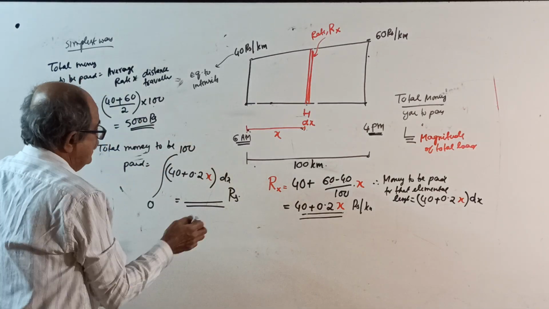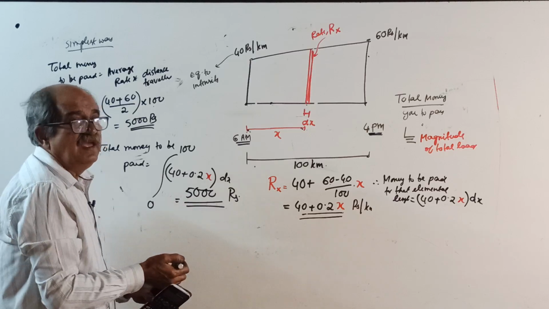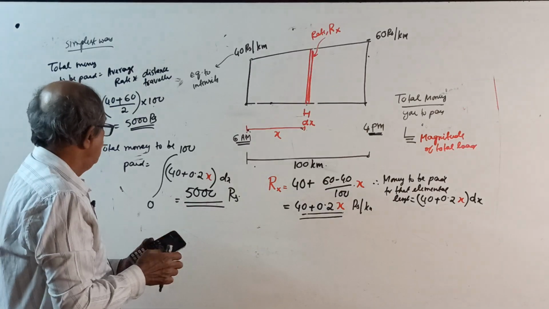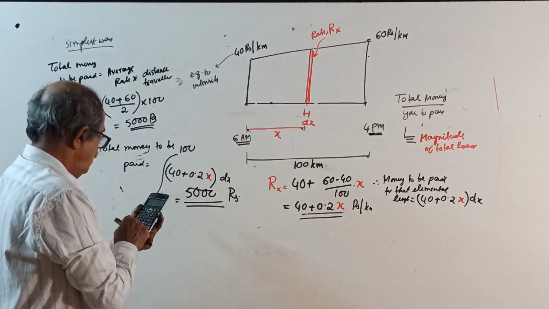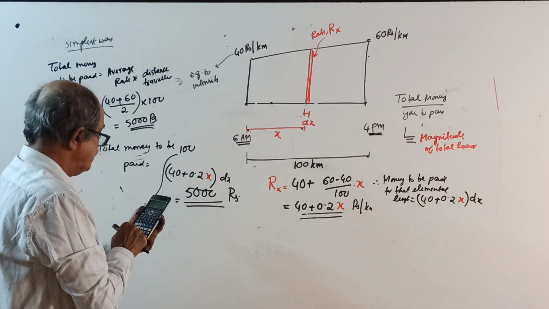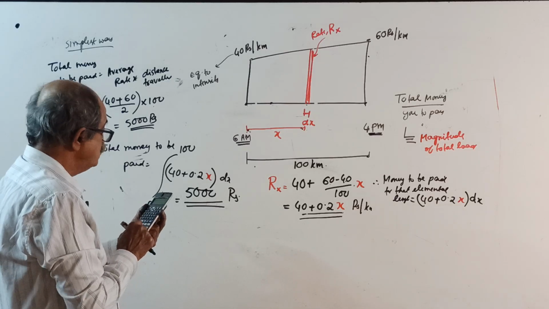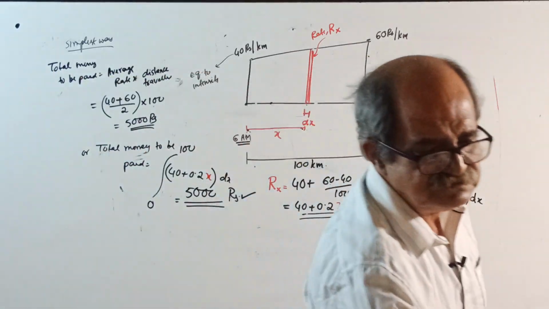I should write the answer first: 5,000 rupees. Let me see if it comes. Integrate: 40 into 100 plus 0.2 into 100 squared divided by 2. 5,000 rupees, perfectly correct.